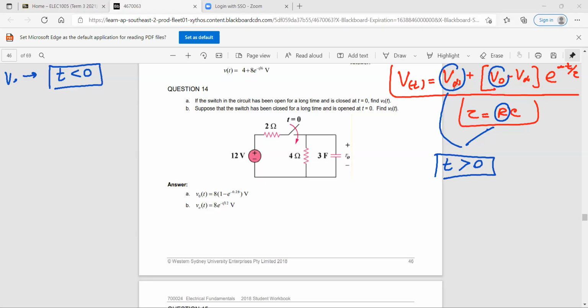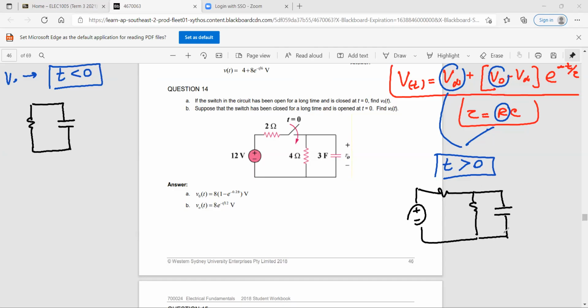When the time is less than 0, your circuit looks like this. Is that right? I can find B, but I'm having trouble working out A. The switch was open for a long time and it closed. So this is the circuit when the time is less than 0, and the circuit when the time is more than 0 is like this. Isn't it? Yeah, that's what I've drawn.